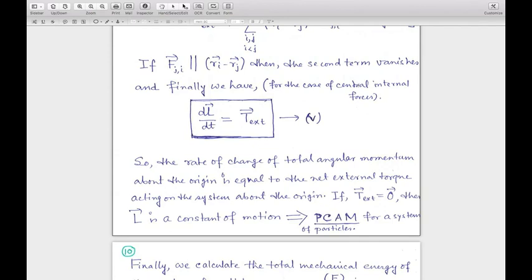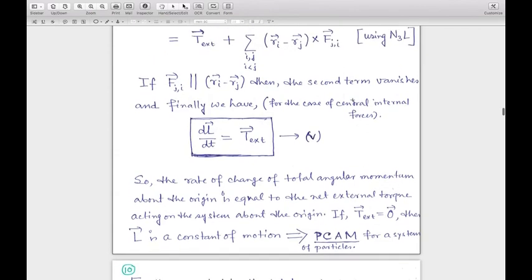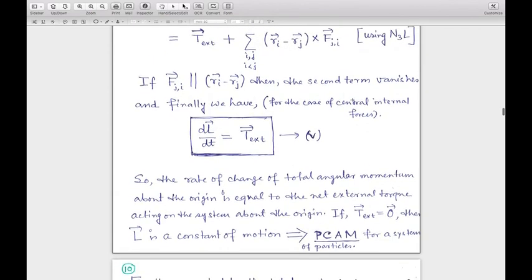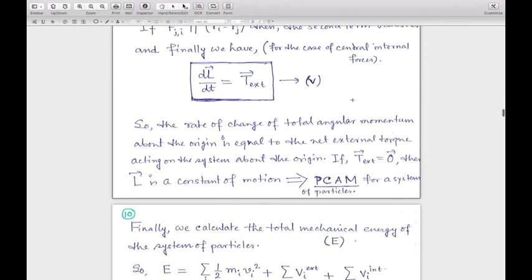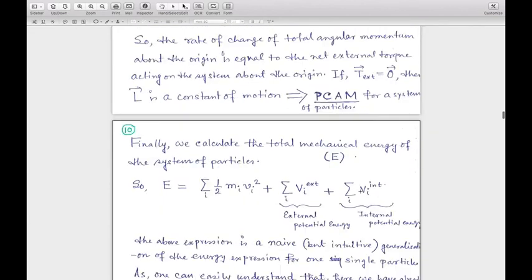If the internal forces are not central in nature, then this is not guaranteed. Now again, if the external torque is 0, finally you can say that L is a constant of motion, and the total angular momentum for a system of particles is conserved.